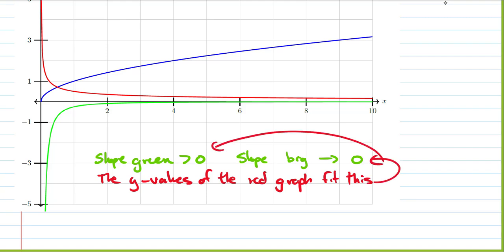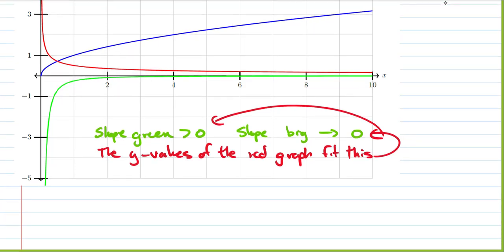Its y-values are always positive, they start big, and they get close to 0. So this would imply red is the derivative of green. We don't know who is who, but now we know red is the derivative of green. So we've already analyzed green, and we've made a chain with red. So red seems like the next logical thing to look at.